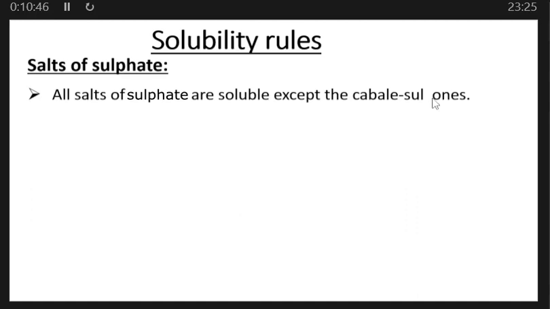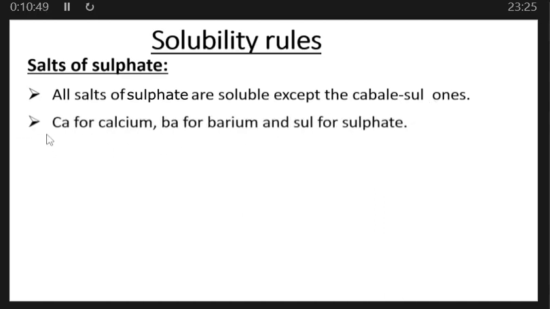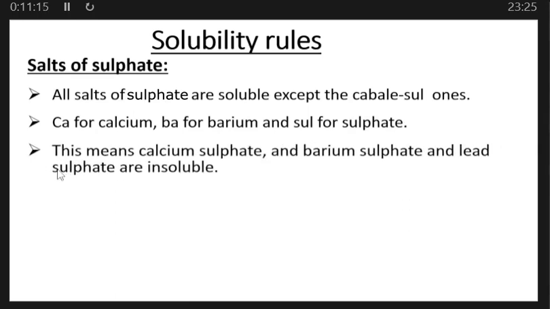The Ca stands for calcium, the Ba stands for barium, and the "saw" stands for sulfate. So in this word, we have hidden the "Kabalesaw", which means that calcium sulfate, barium sulfate, and lead sulfate are insoluble.